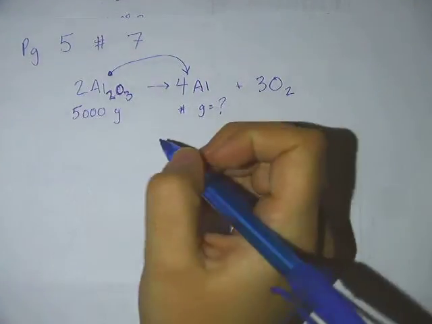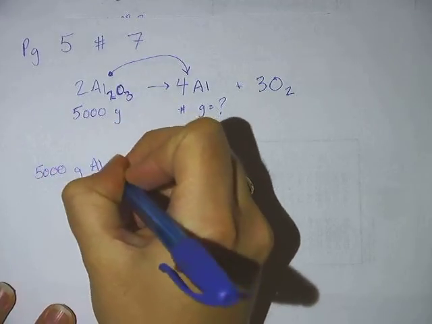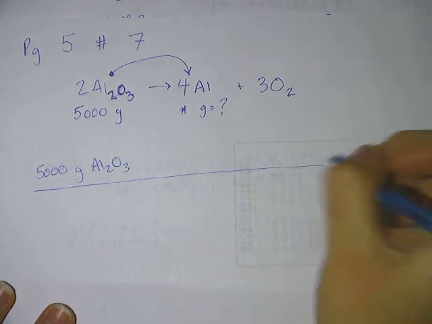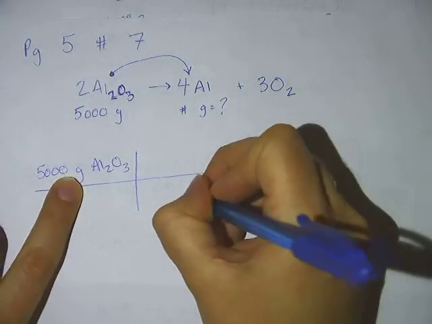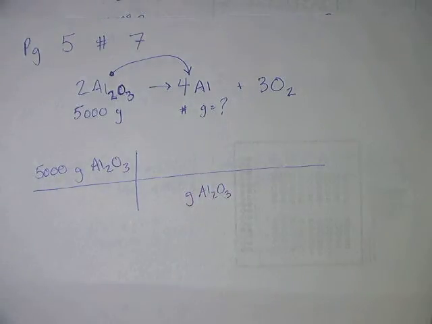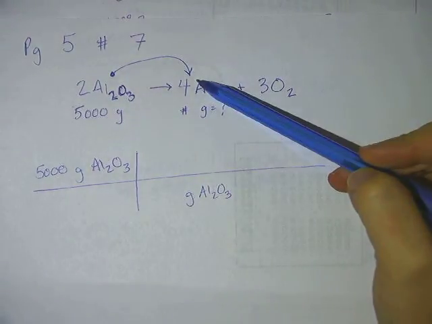Okay. So 5,000 grams of Al2O3. I have to cancel grams. What goes up must come down. And can I take this 2 and follow my mole bridge right now?